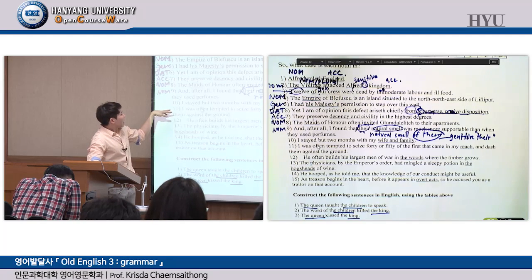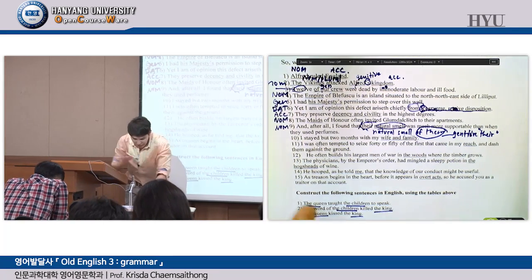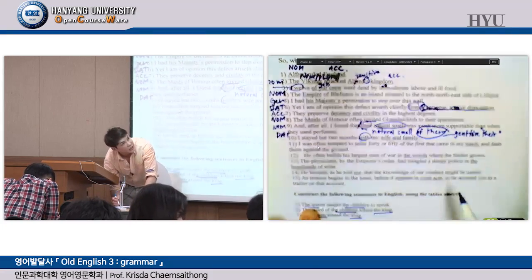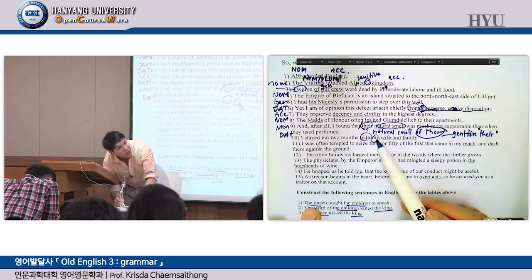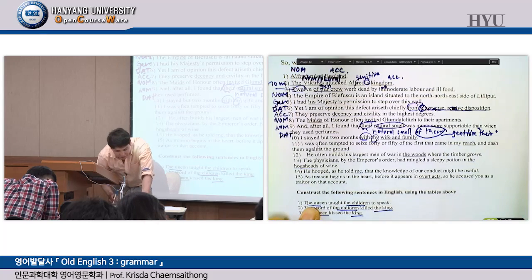Number 10. I stayed but 2 months with my family and wife. Dative case. You see the word with? It's not genitive, because the genitive is only my. My is already genitive, like wife and family of me. Number 11, in my reach.